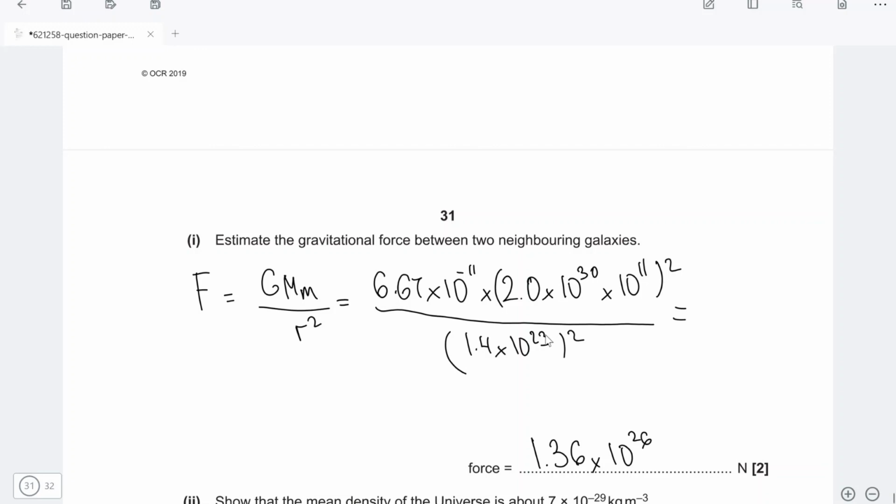A very typical mistake here would be to forget to square either one of those quantities. Most often it's the r that people forget to square, but I do a little check anytime there's a square in the equation. Okay, I've not forgotten to square this, and when we plug this in, we get about 1.36 times 10 to the power of 26 newtons for the force.